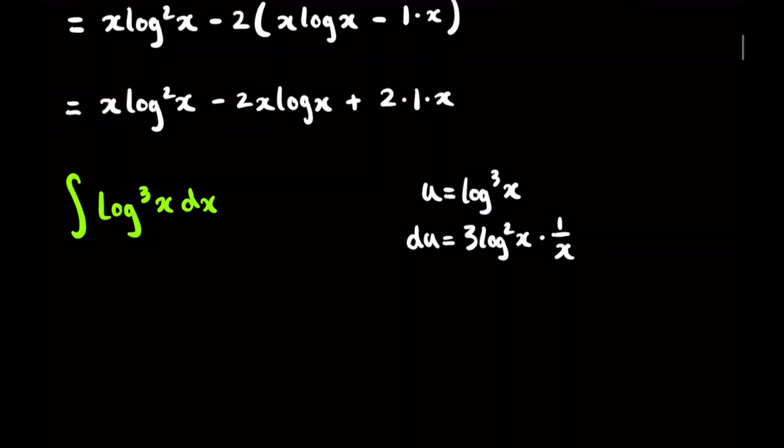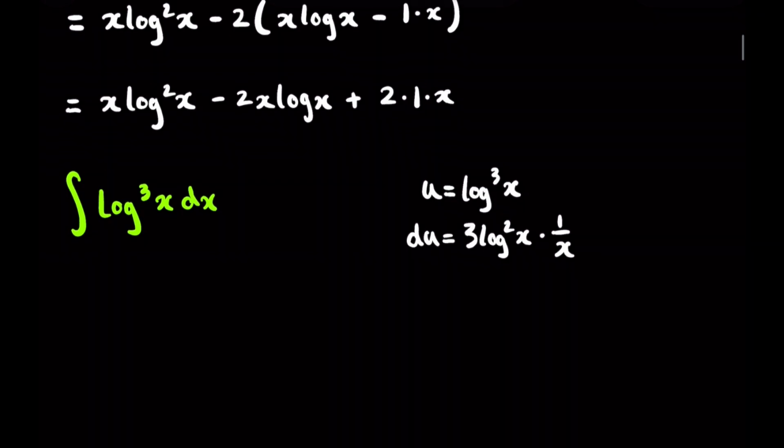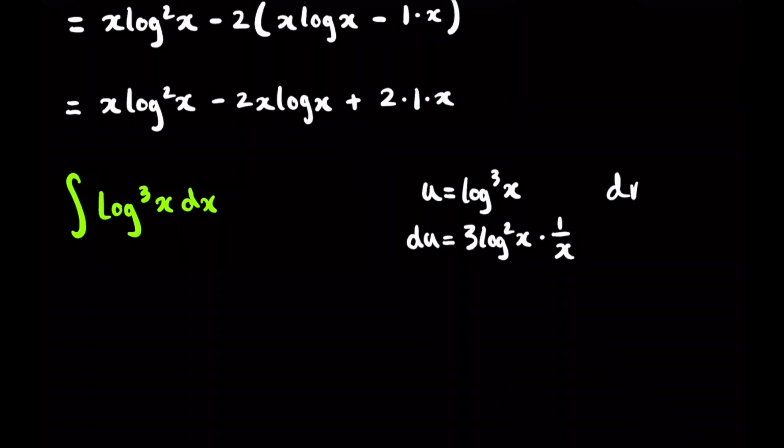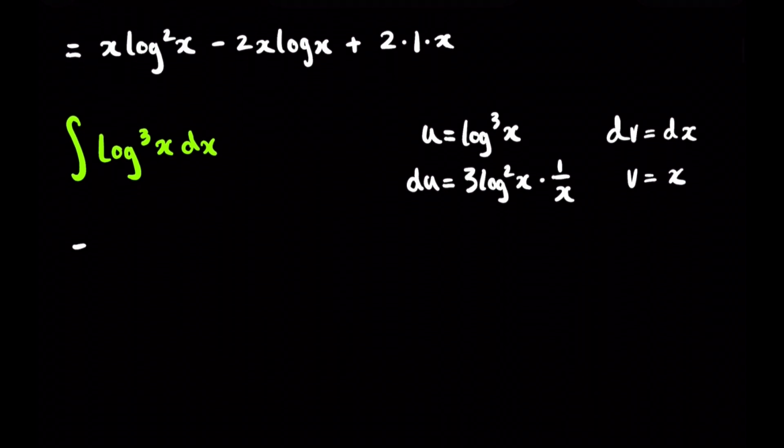And therefore, we also have dv equal to dx, and so v is equal to x. And applying integration by parts, we have u times v, which is x times log cubed of x minus the integral of v du. The x and the 1 over x cancel out, and we're left with 3 log squared of x.